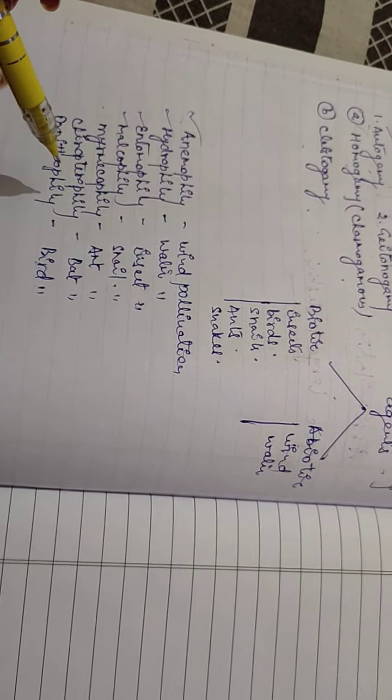There are two terms, pollen release and stigma receptivity. These two should be synchronized, or you can say pollen and stigma should mature at the same time for self pollination to occur.